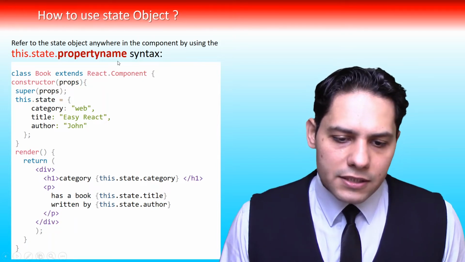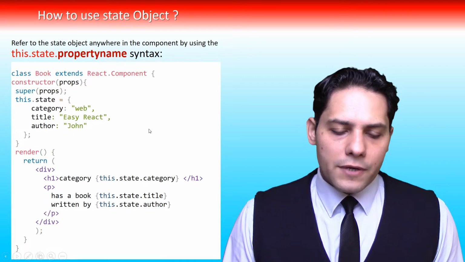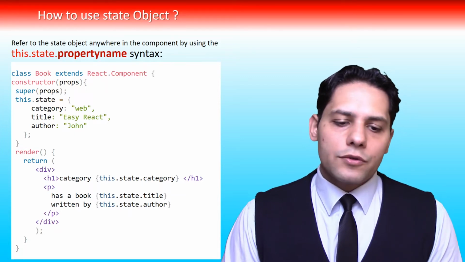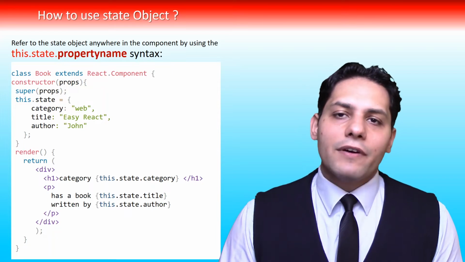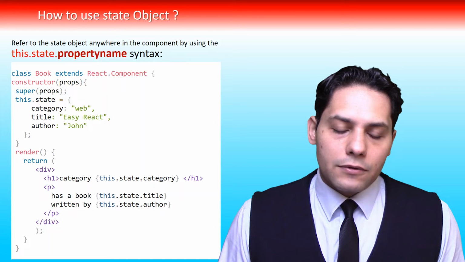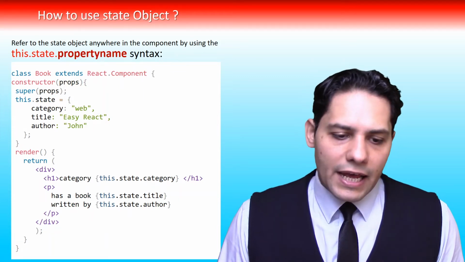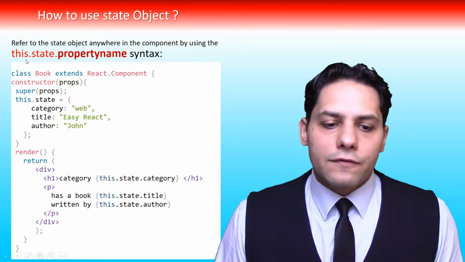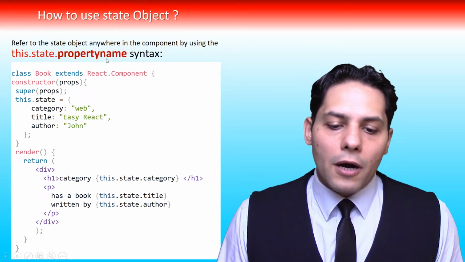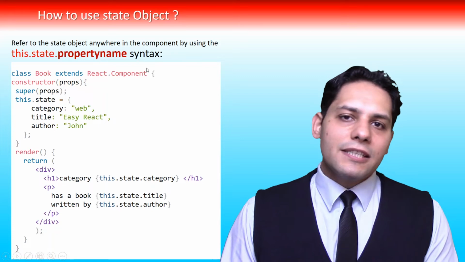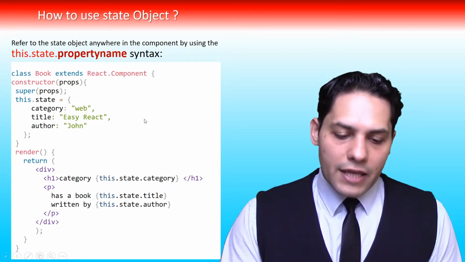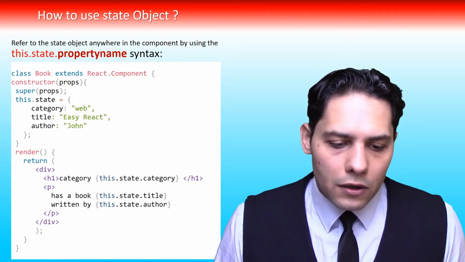If you look at this code carefully, you can understand that by referring to the state object anywhere in the component, we can use all the properties, and we just should type this.state.propertyName. It's the syntax that we can use for using the state object inside our components.